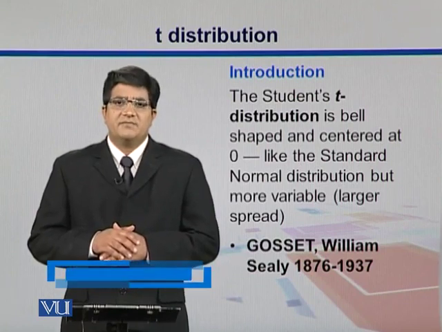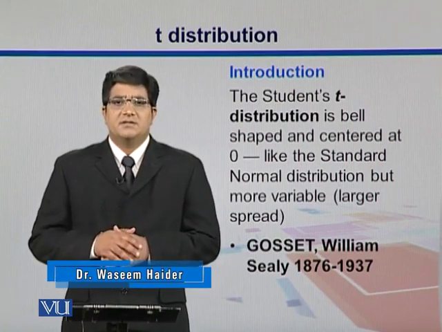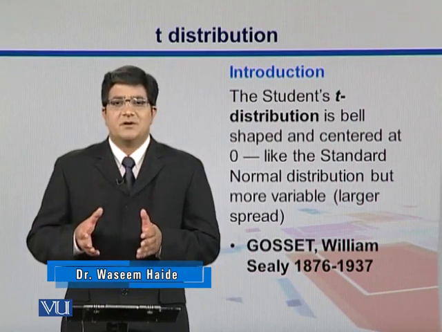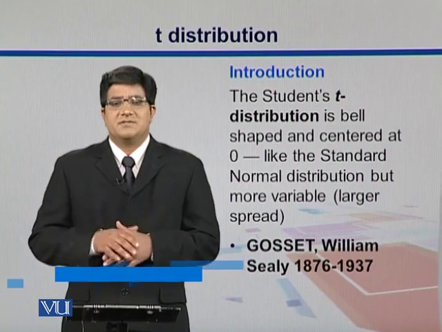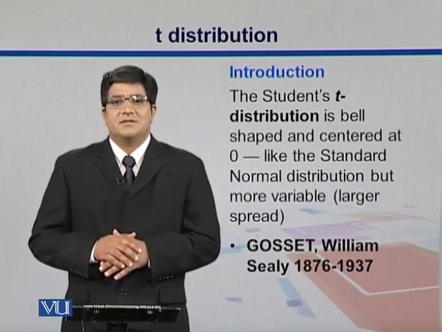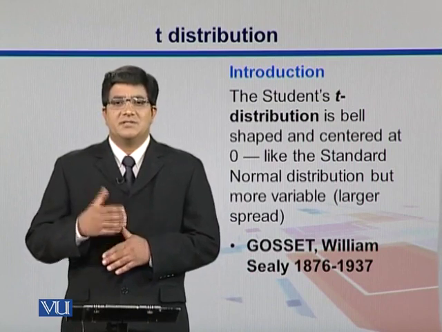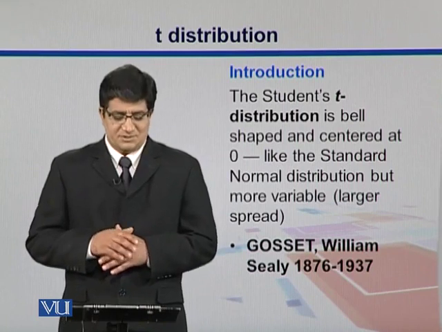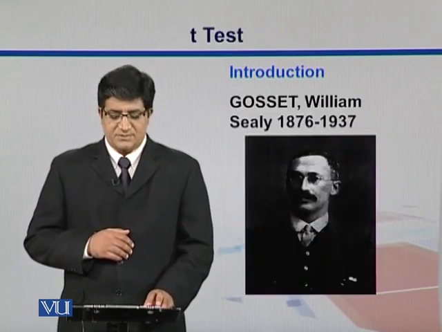It was presented by William Sealy Gosset, whose technical name which he adopted in the literature was Student. So rather than calling it the t-distribution, mostly it is famous by the name Student t-distribution. Here is Gosset.